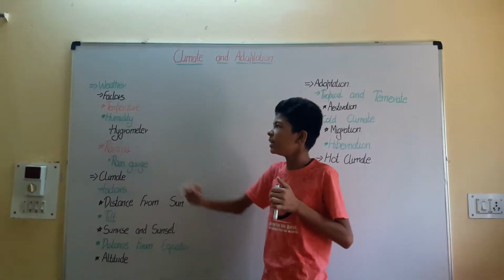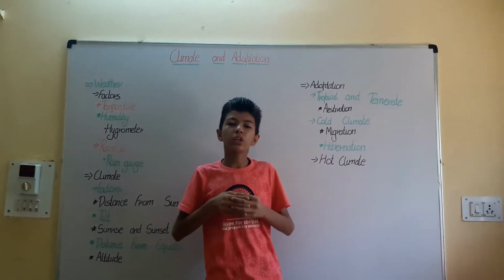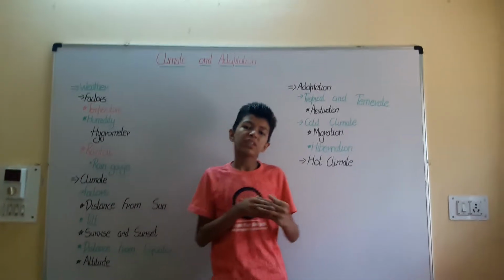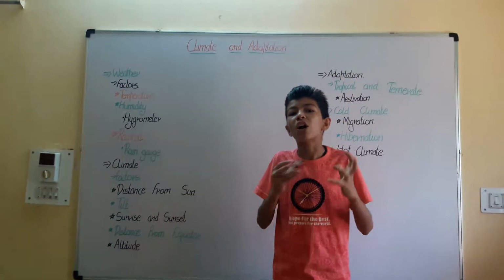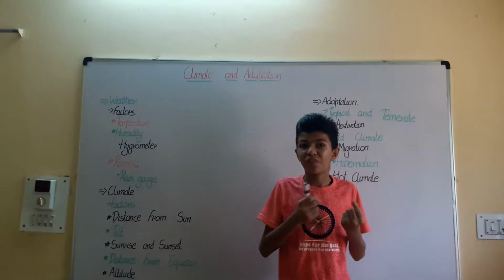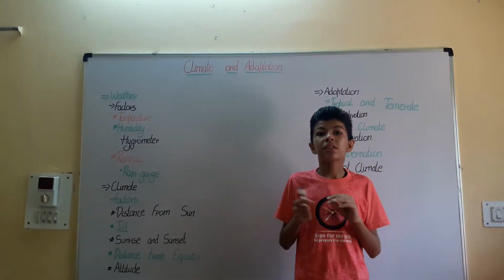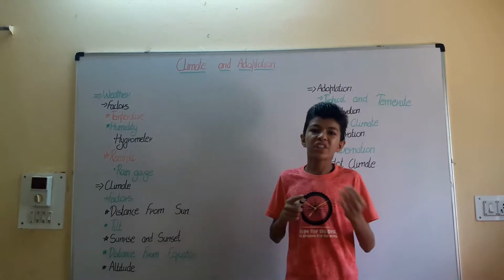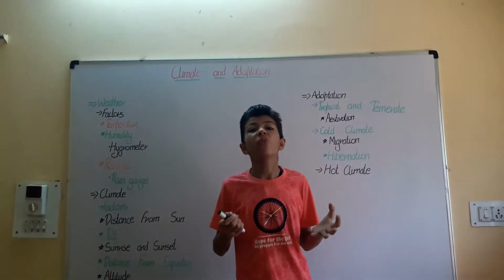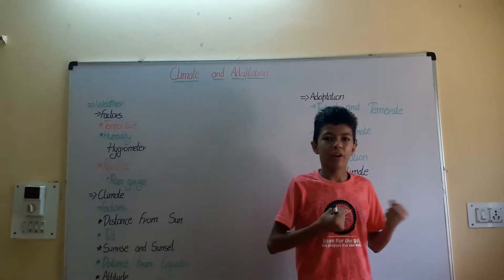Next we have the humidity. What is humidity? Humidity is a measure of the presence of moisture in the atmosphere. We can say humidity is the content of water vapor in the atmosphere.